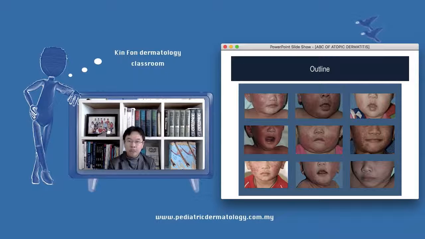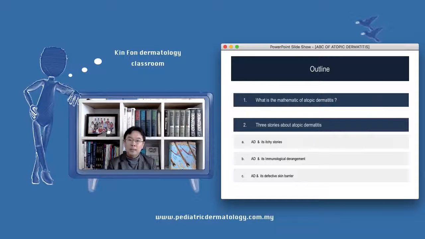Acute on chronic, subacute on chronic, acute over the face, subacute over abdomen, and lichenified over the lower limbs. Acute plus bacterial infection, subacute plus fungal infection, eczema herpeticum. So what is the underlying mathematics for such a complex disease? This is what I'm going to go through in this lecture.